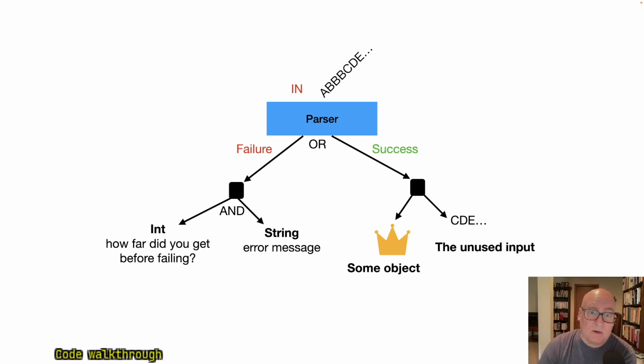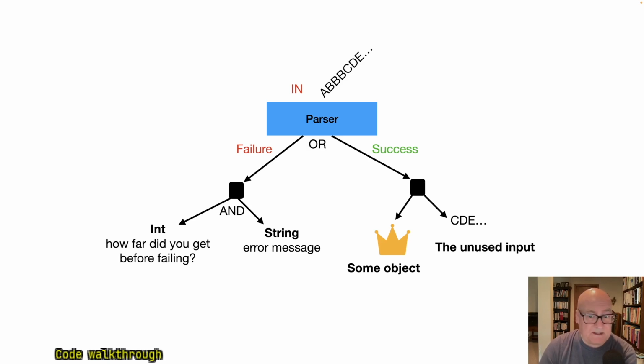And in our input, we got A, B, B, B, C, D, E, whatever's coming in, and a parser. And our parser says, if you match A, B, B, B, it's going to represent a crown. And so the result is on the bottom, it's either a failure or a success.